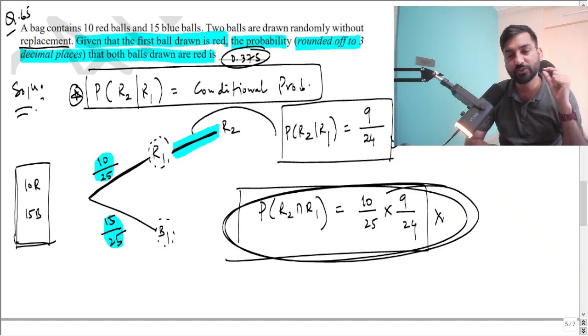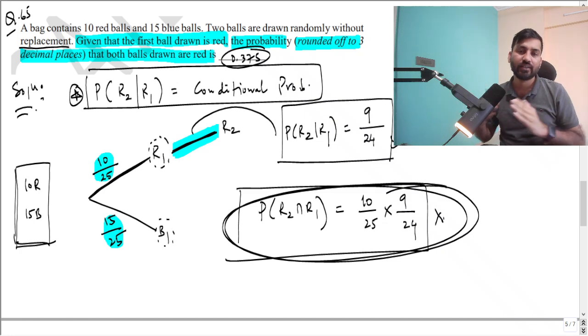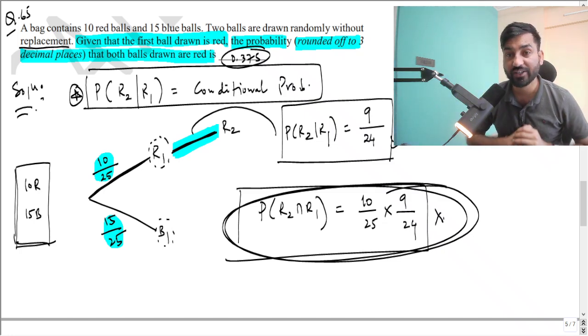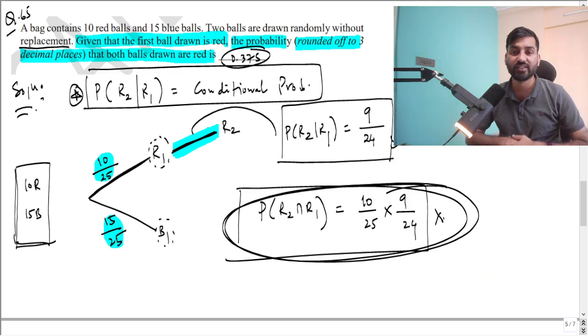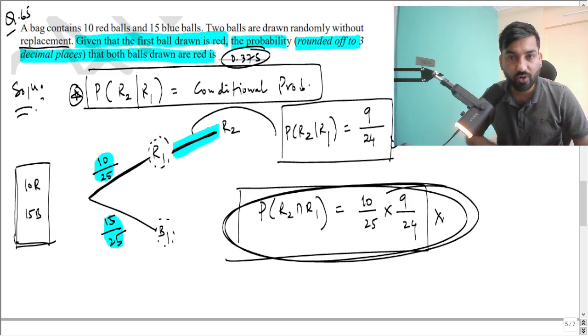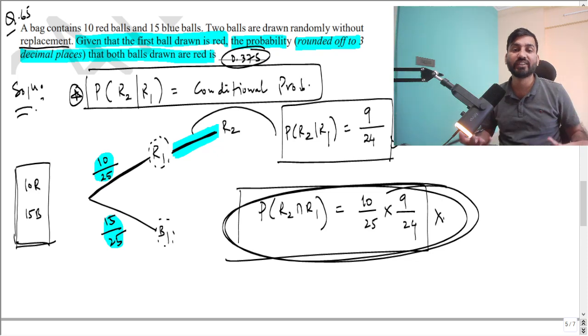So always try to draw the tree diagram and try to understand event by event, right? Also try to understand what is the meaning of conditional probability, what is the meaning of ordinary probability, what is the meaning of joint probability. So you don't have to find the joint probability here, you have to find the conditional probability.